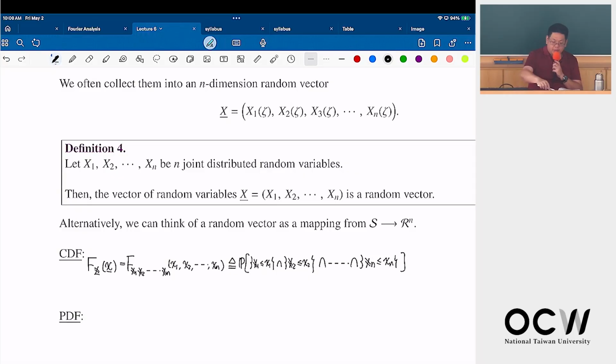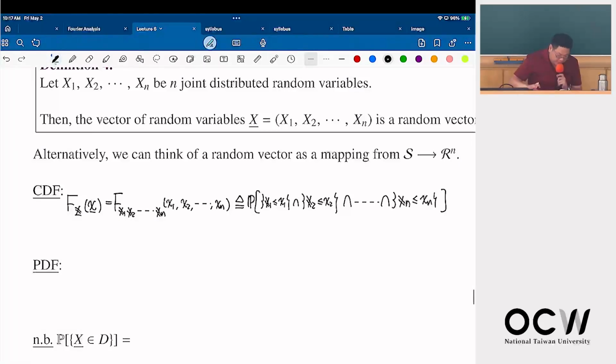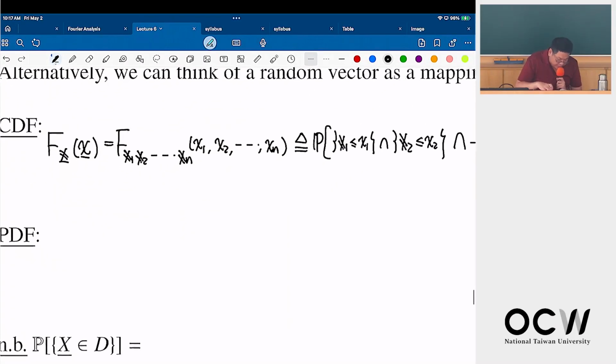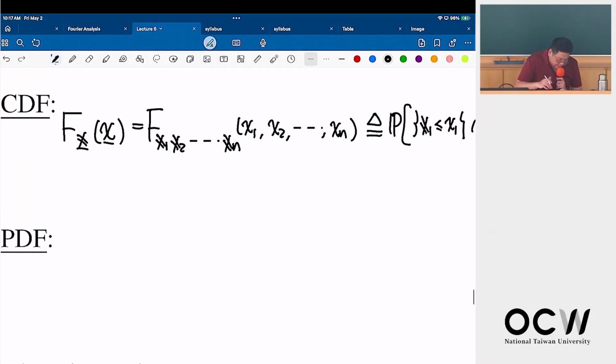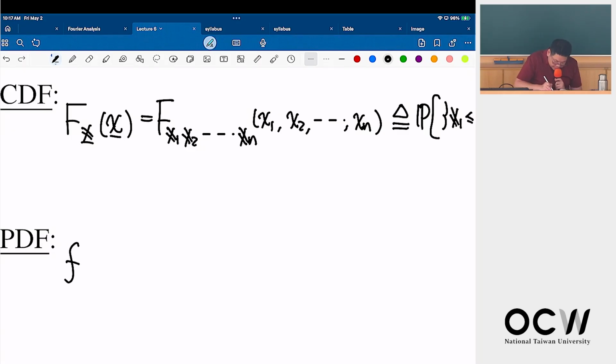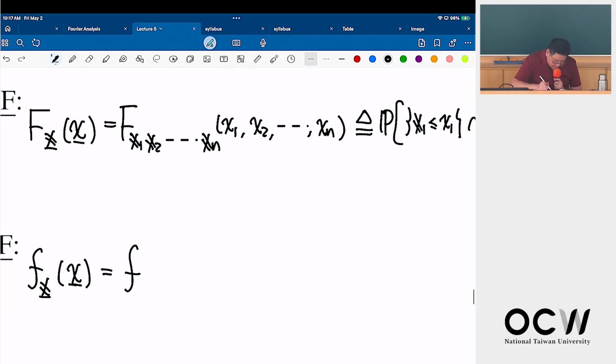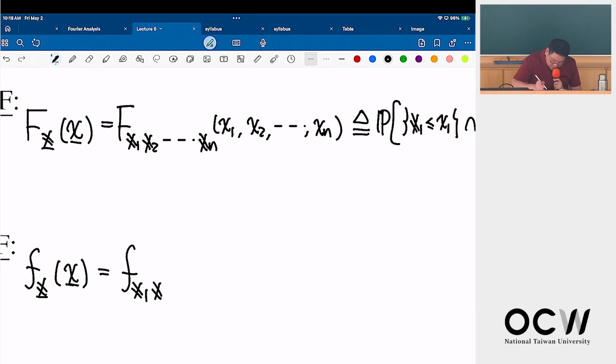And then the joint PDF of this random vector will be obtained by taking the derivative of your CDF. Now let's see the PDF. As we say, to take the derivative, here is the notation for your joint PDF of a random vector, x1, x2, again until xn.